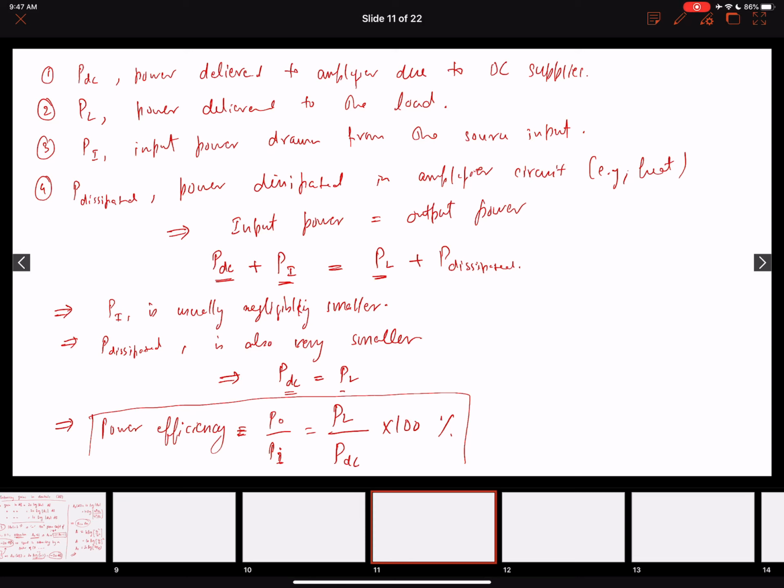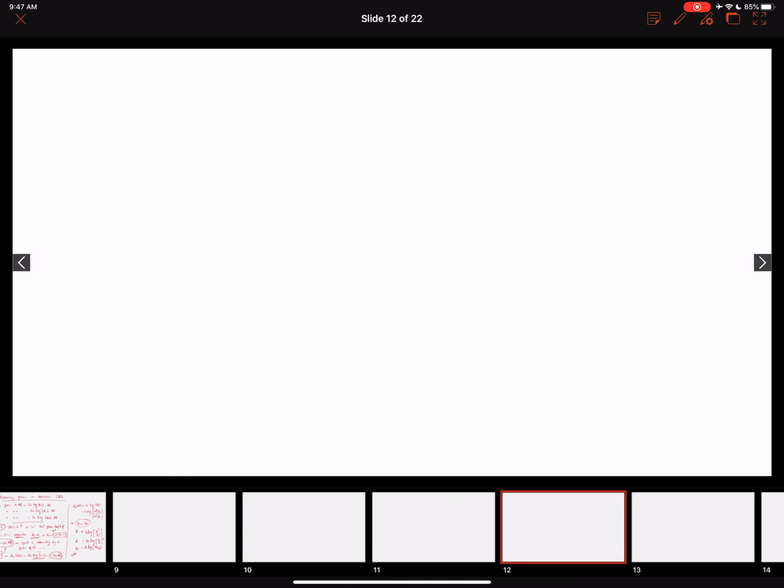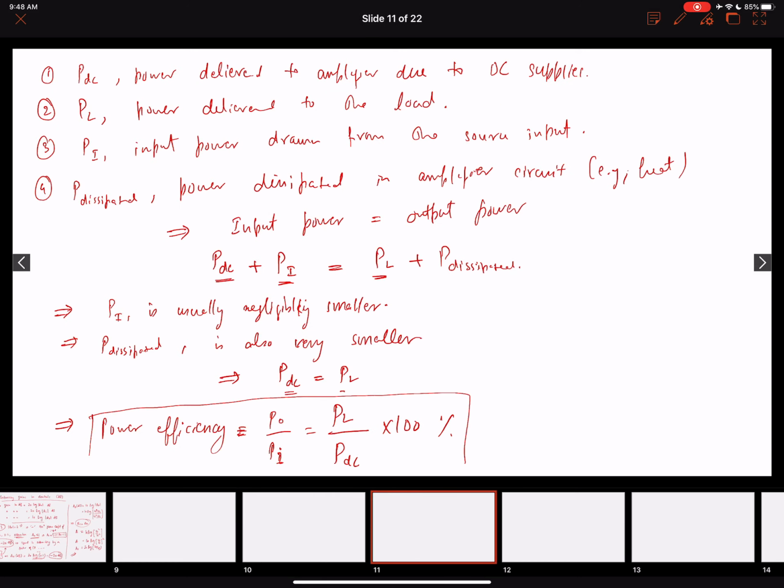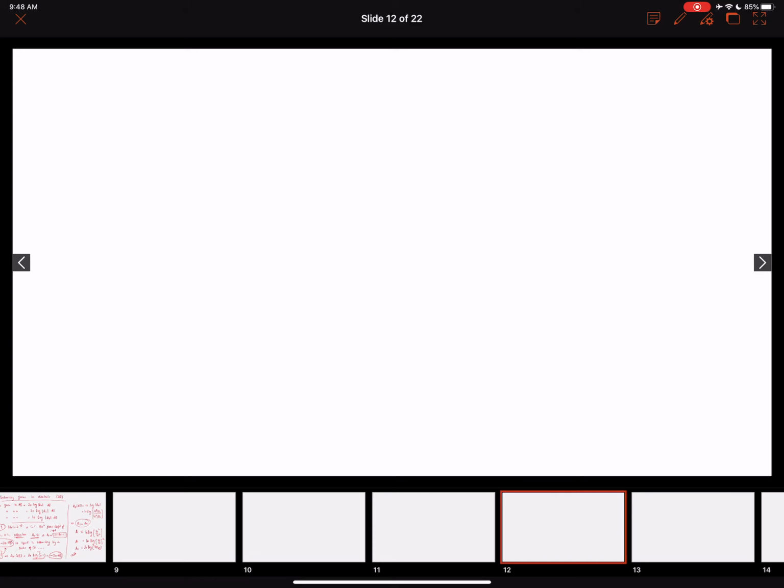Before I jump to that, I wanted to draw a simple circuit. We just saw this circuit, so I'm going to draw a simpler version of this representation of the amplifier, and you're going to see that representation throughout the course whenever we are talking about amplifiers.